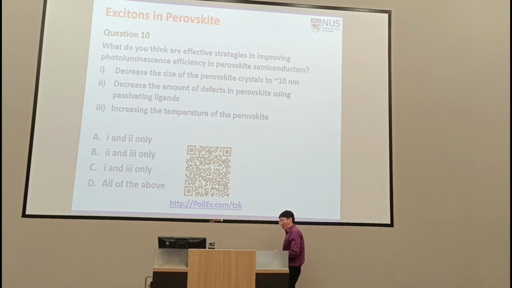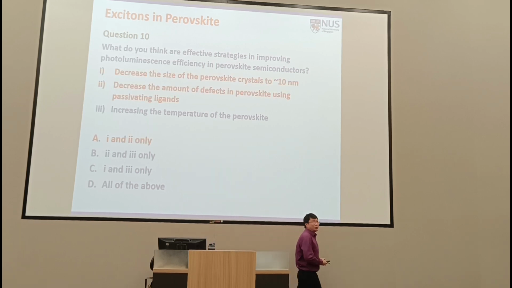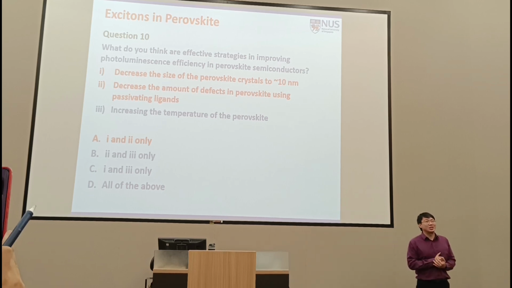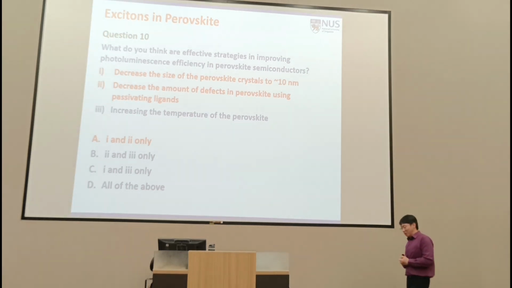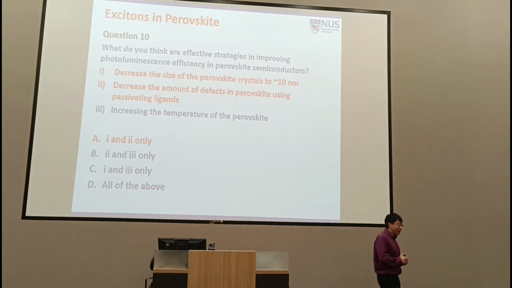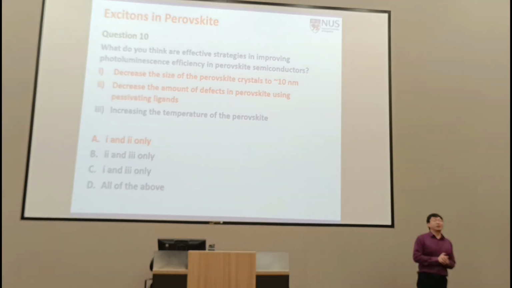So who's right? Increasing temperature is wrong. You do not increase photoluminescence by increasing temperature. The reason is very simple. It's all about electrons and holes meeting and recombining.